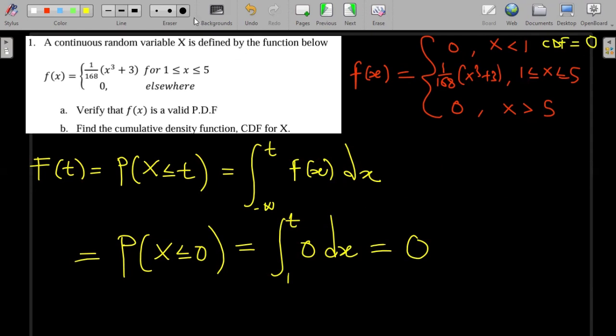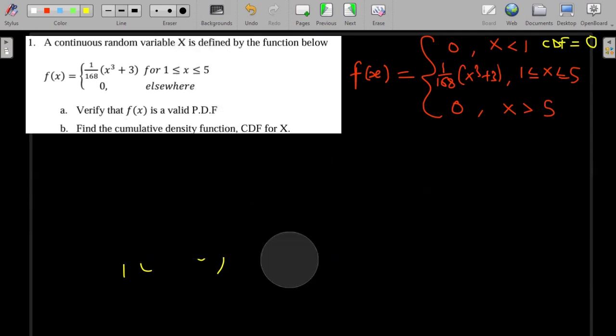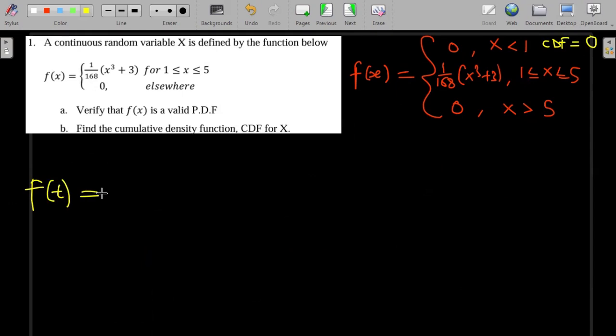So what I mean is that the CDF now, F of t, the probability that x is less than or equal to a certain value t, for this interval now, it will be the integral from, remember, x is less than t.